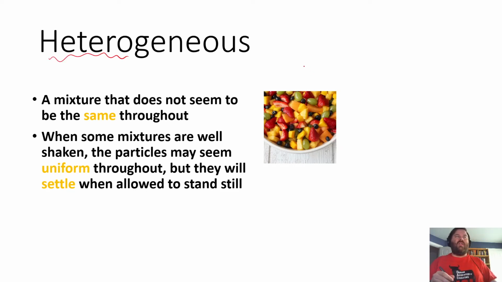It just means a mixture that doesn't seem to be all made of the same thing when you look at it. So this is an example. It's a fruit salad. You can see there's pineapple, grape, strawberry, blueberry, some cantaloupe in there. If you picked any individual thing out of it, it would look different, and that's what being a heterogeneous mixture means.